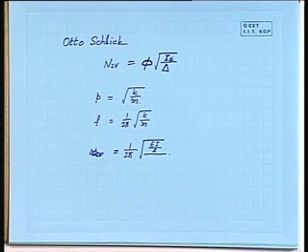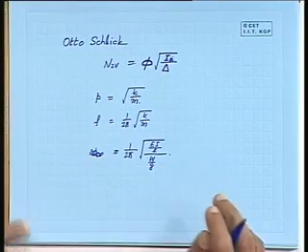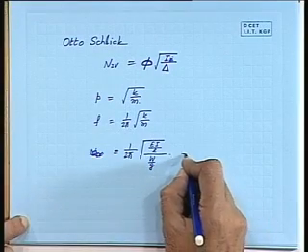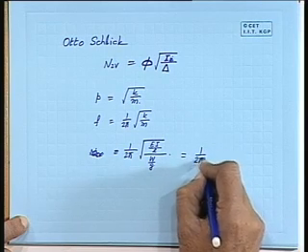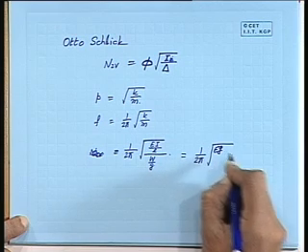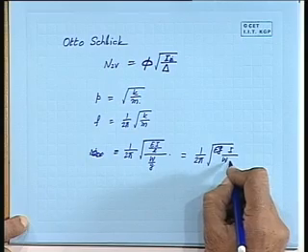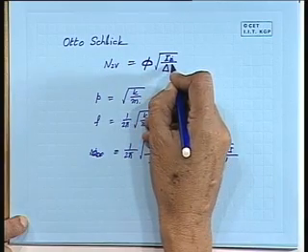And what is mass? Mass is displacement divided by acceleration due to gravity, so I will write W by g. You write here. Oh, this is a delta L here, sorry.